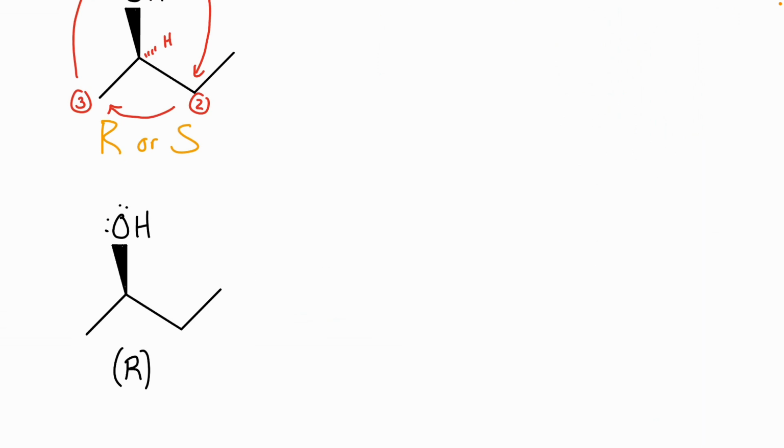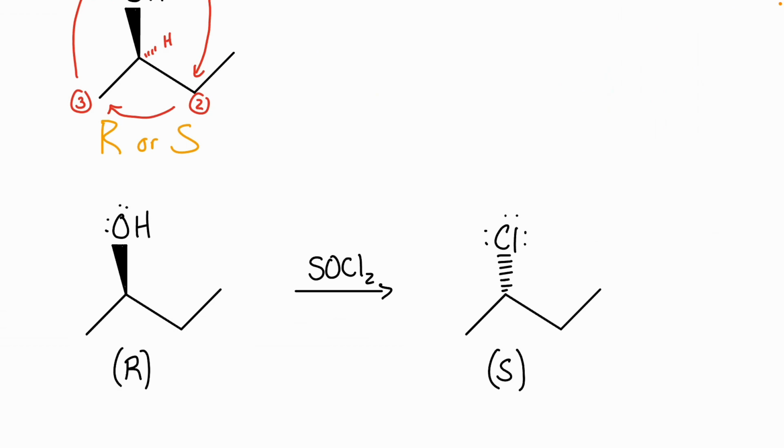So now we're going to hit it with one of these reagents here that does an inversion of our stereochemistry. And so what happens is that our wedge is going to become a dash in our product. And we're left with the S stereoisomer here.